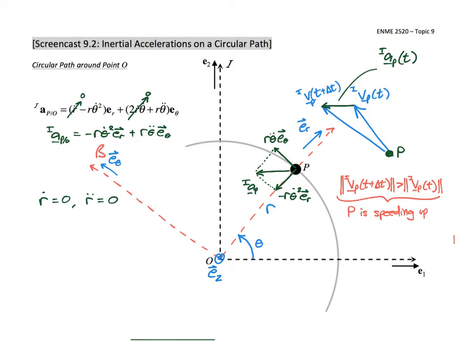So notice that this term is always going to be pointed toward the middle of the circle. So it's always in the negative e r direction no matter what happens, because r is positive, and then theta dot, whether it's positive or negative, is going to be a squared term. And this term we call the centripetal acceleration.